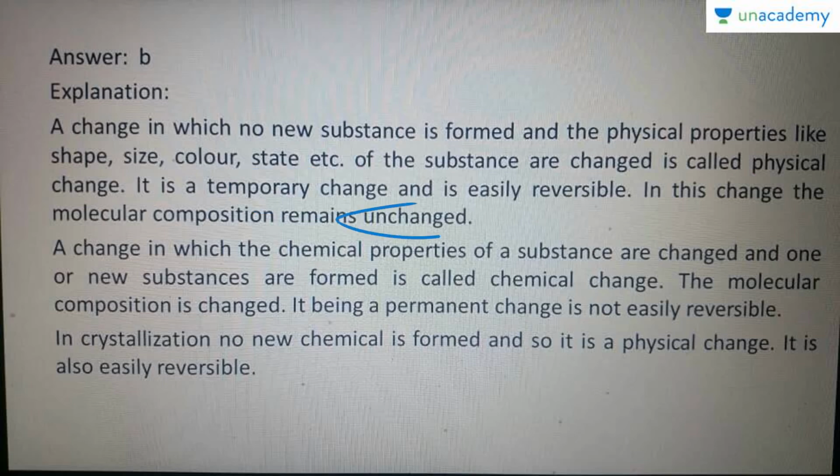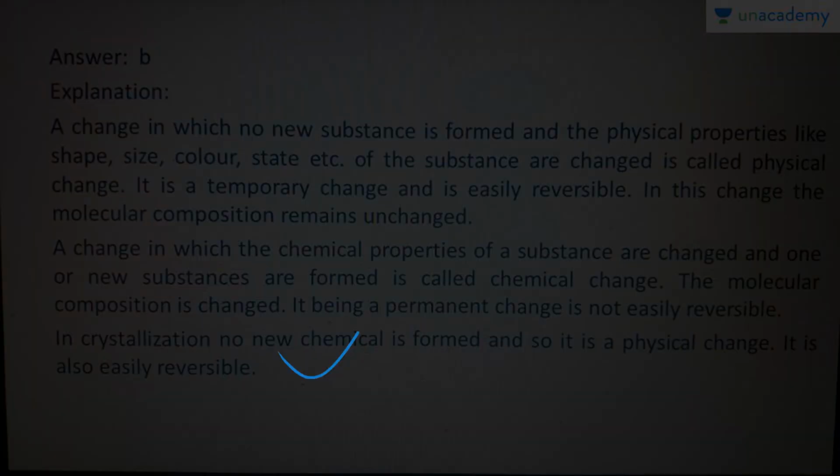The molecular composition is unchanged. A change in which the chemical properties of a substance are changed and one or more new substances are formed is called a chemical change. The molecular composition is completely changed and it becomes a permanent change, so it is not easily reversible. In crystallization, no new chemical is formed, so it is a physical change and it is easily reversible. So answer here is B.